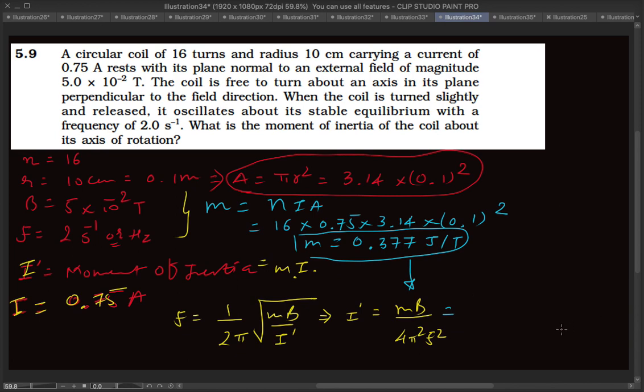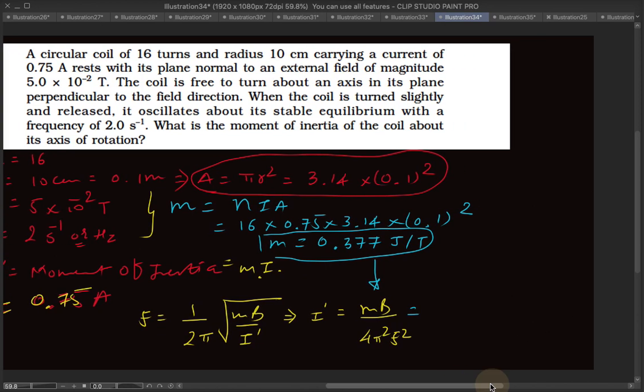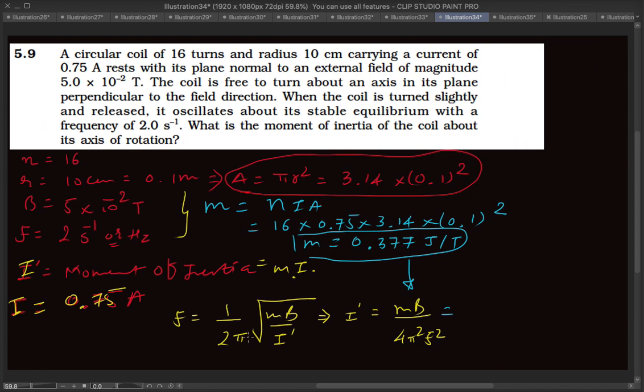Now I am putting this value in the expression below, and the values are ready. So my magnetic dipole moment is equal to 0.377. My magnetic field is equal to 5 cross 10 to the power minus 2.